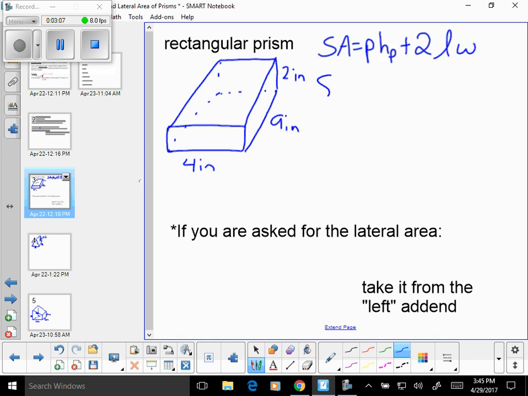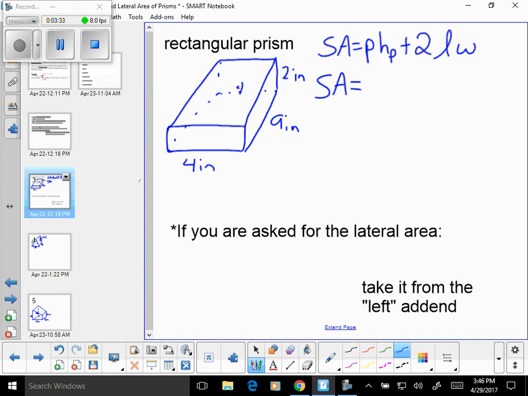Now I'm going to substitute in the perimeter. The perimeter is going to equal the sum of all four of the sides of the bottom base. With rectangular prisms in particular, you have to figure that it is automatically sitting on its base. They're going to show it to you on the base, and that's not true for some of the other prisms.